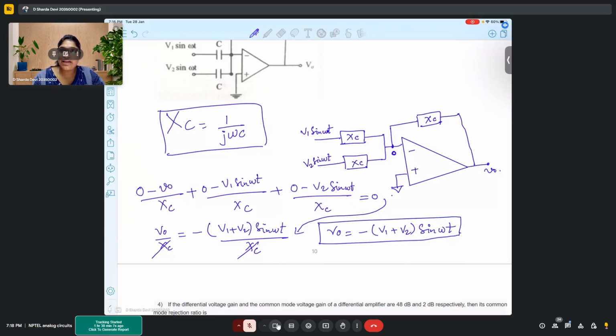You separate V out and V in, and then simply you write V out by V in, and whatever the fraction that you get, that is the transfer function. But how you solve it is basically through these basic theorems only, that is KCL, KVL only.